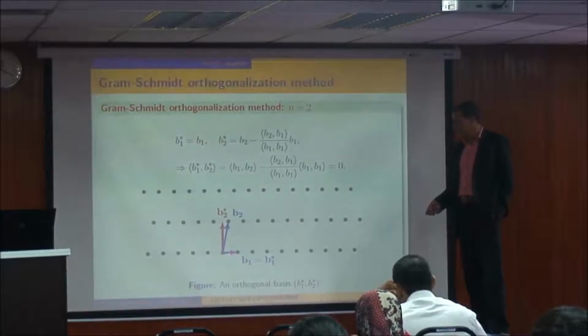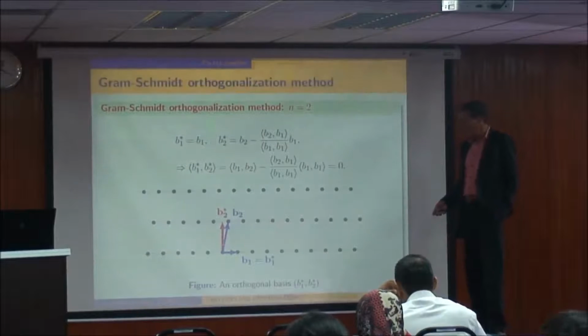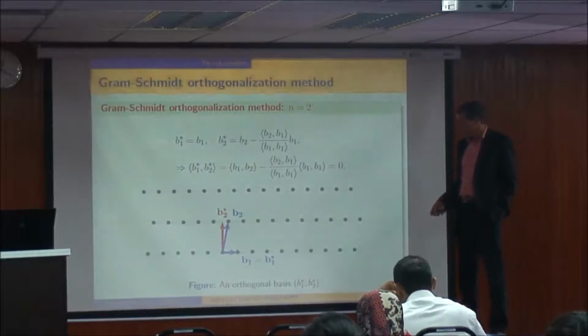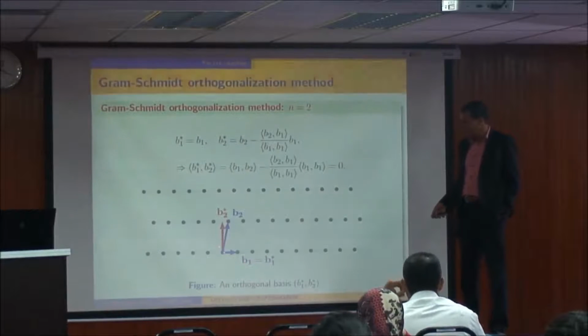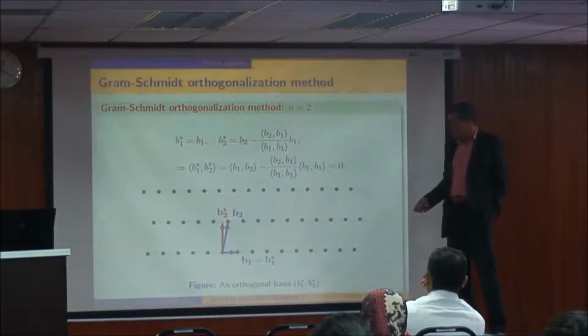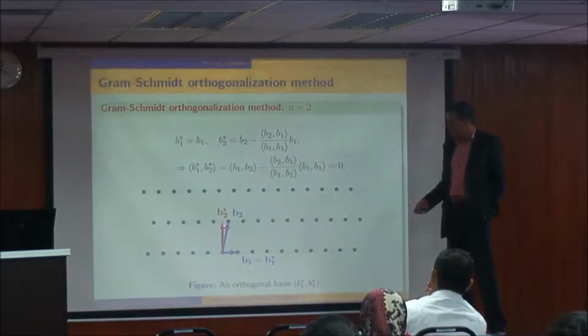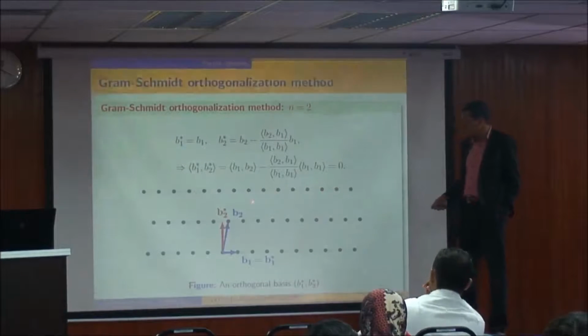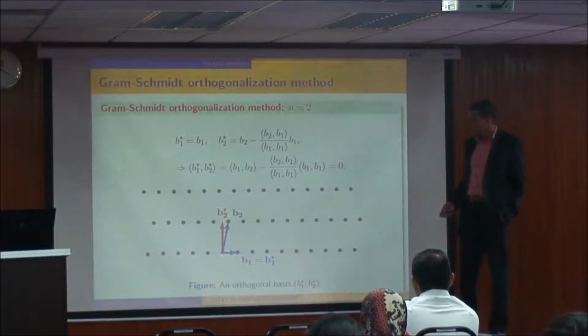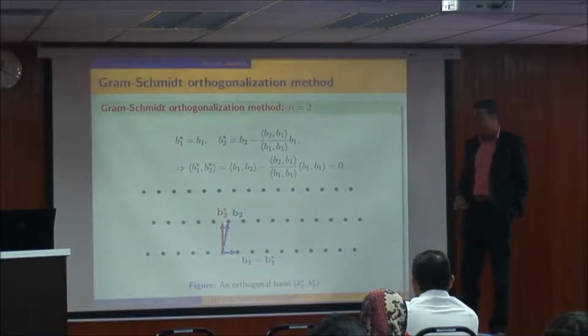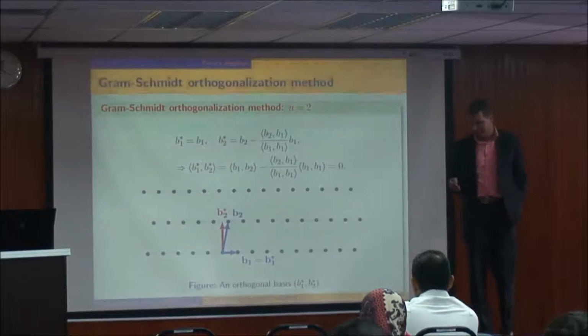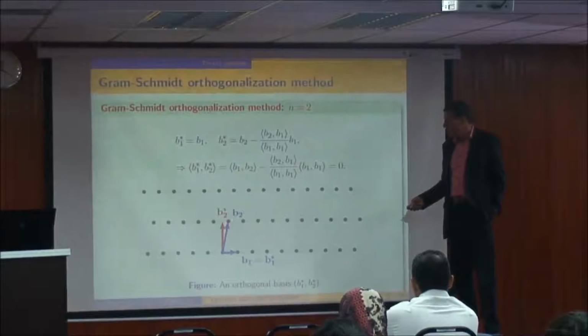This is the original B1, this is the original B2, and B1 star is simply B1 and B2 star is this one. So the formulas show that we can find an orthogonal basis using the basis B1, B2.